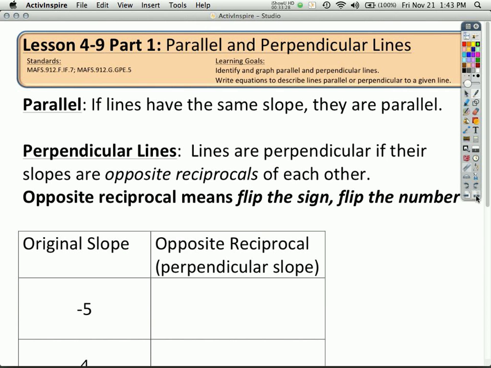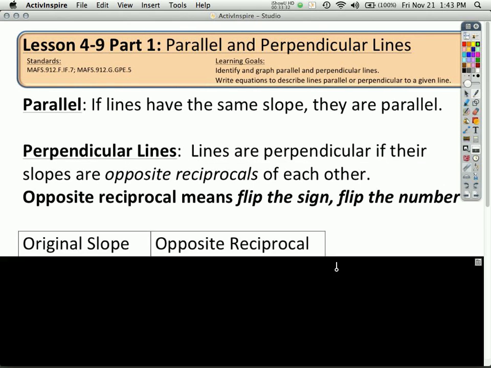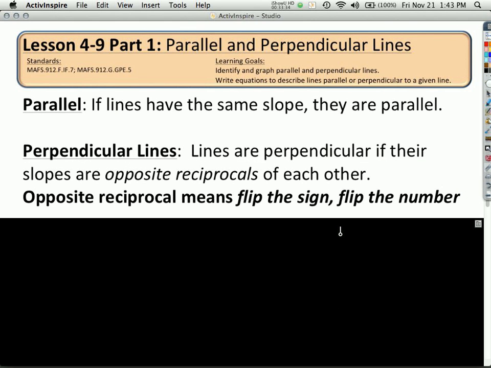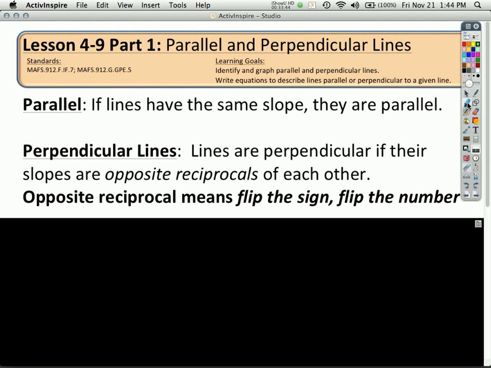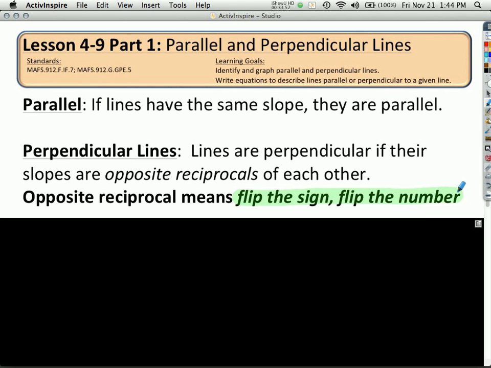So here are the words that describe everything that we have discovered so far. Parallel lines have the same slope. Perpendicular lines have slopes that are opposite reciprocals of each other. And opposite reciprocal, I'm going to say, means flip the sign, flip the number. I'm saying that so that hopefully it's kind of rhythmic for you and it will stick in your mind.